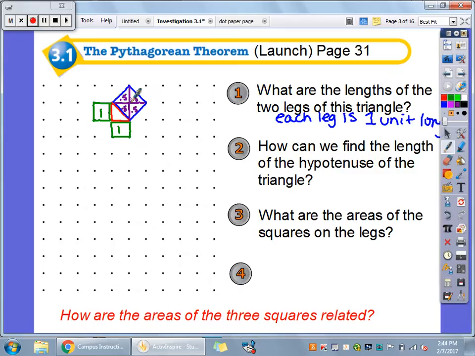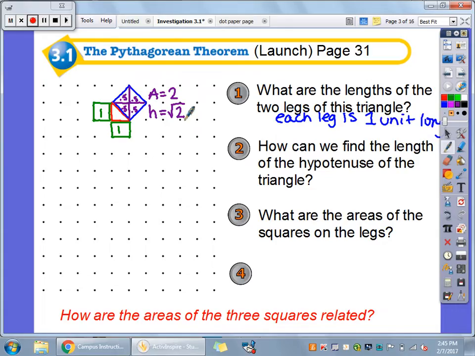And so if we add all those together, half, 1, 1.5, 2, this square has an area of 2 units. So if the area is 2, the length of the side, or the length of the hypotenuse, is the square root of 2.